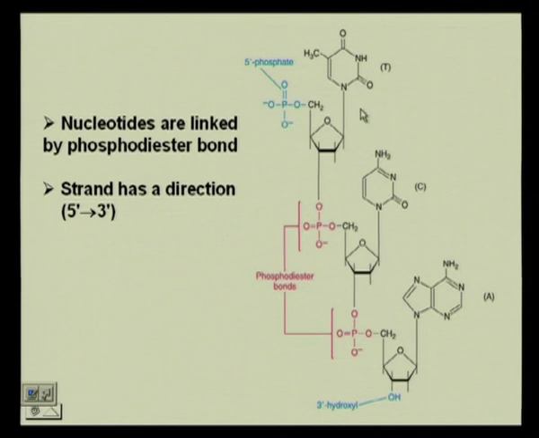So, what are we looking at? We are looking at a 5 prime phosphate. It was this OH that attacked what? CTP, right? It attacks CTP and you linked T and C together. Is that clear?